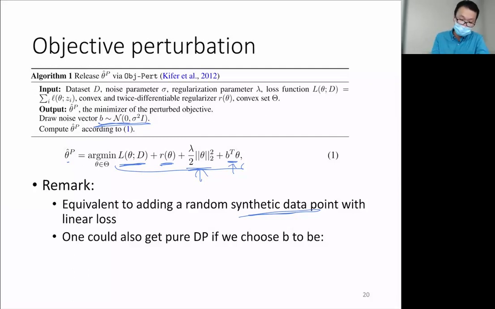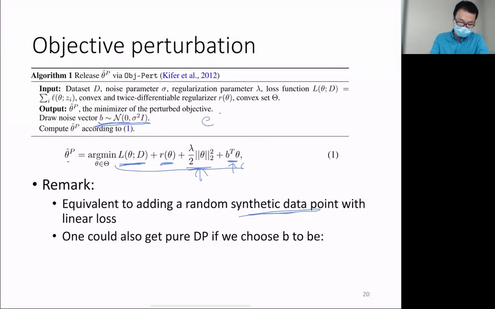And the claim is that this algorithm gives you epsilon delta DP when this lambda and sigma parameter are chosen appropriately. You could also hope to get pure differential privacy by choosing the distribution of this b parameter slightly differently. The Gaussian distribution gives you e to the power of minus b squared over 2 sigma squared.